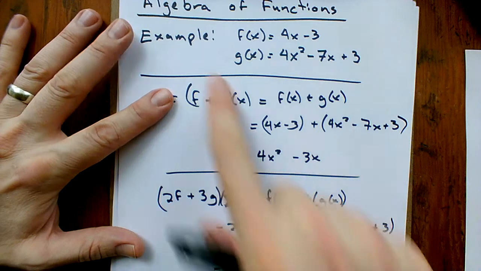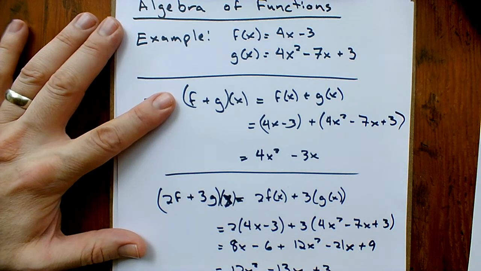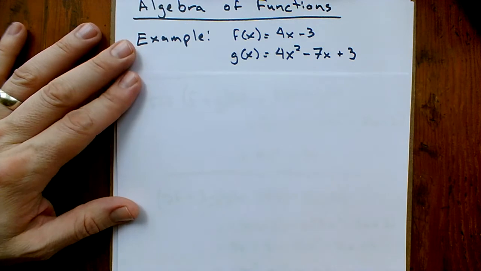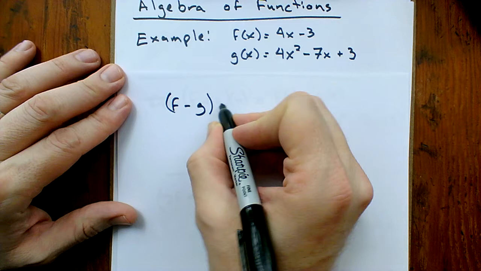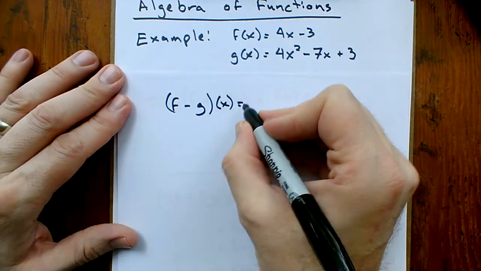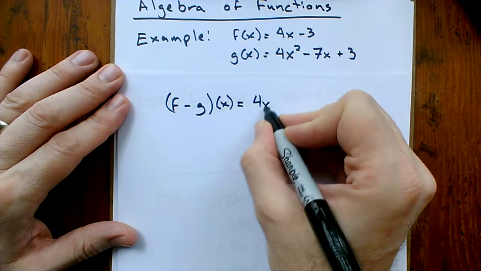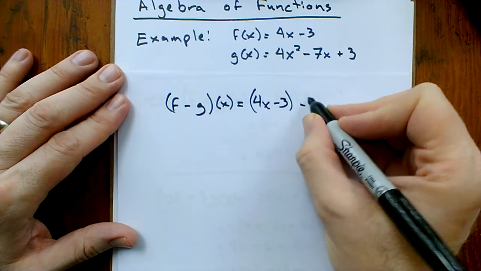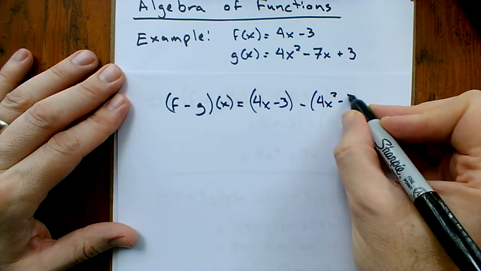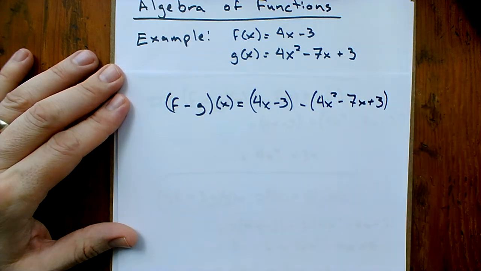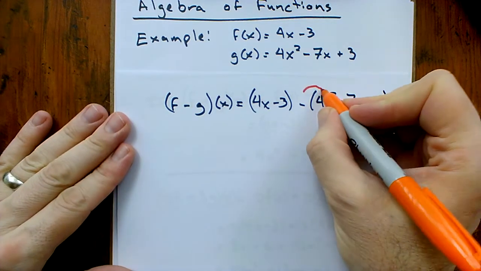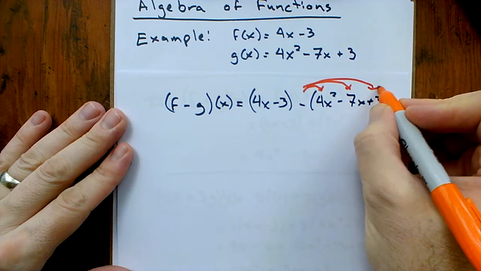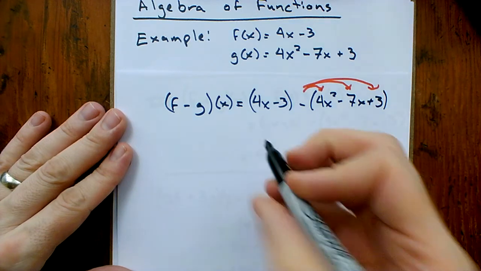Anyway, let's continue on with this though. We've done addition. Let's go ahead and do our subtraction one. So here I'm going to do f minus g of x, and this is going to give us that 4x minus 3 minus our 4x squared minus 7x plus 3. So once again, we need to watch our signs. We're going to distribute this negative in here, which means that all of the signs in this second set of parentheses are going to change.